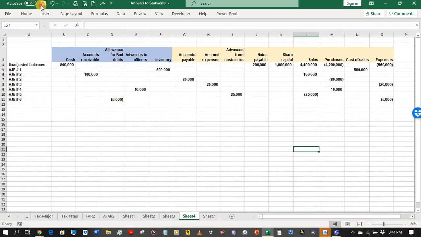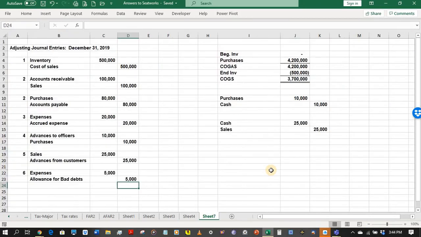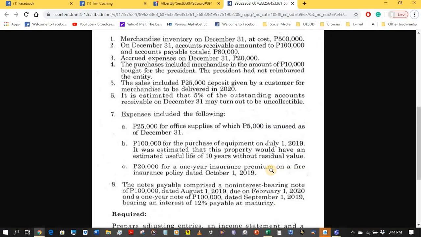So, mahaba na siya. Okay. So, yung entry natin, debit expenses 5,000, credit allowance for bad debts 5,000. Okay, let's proceed to number 7.